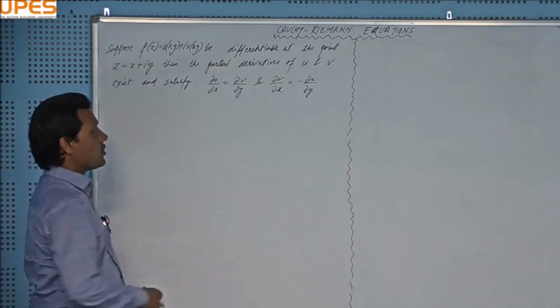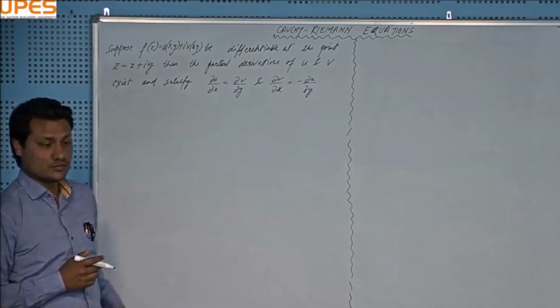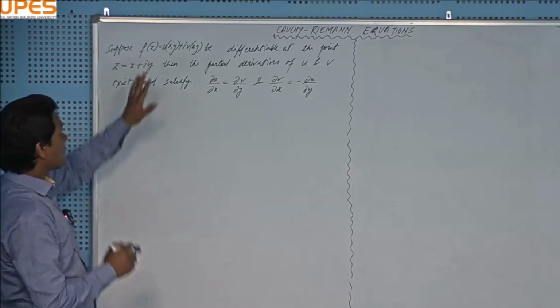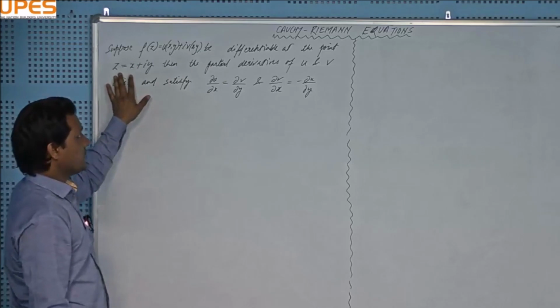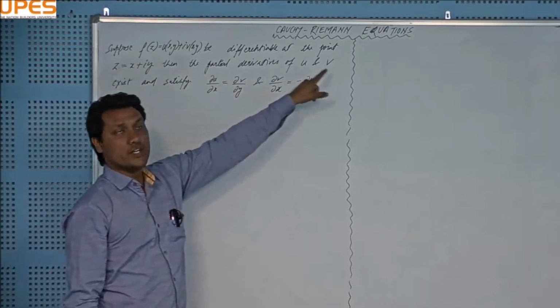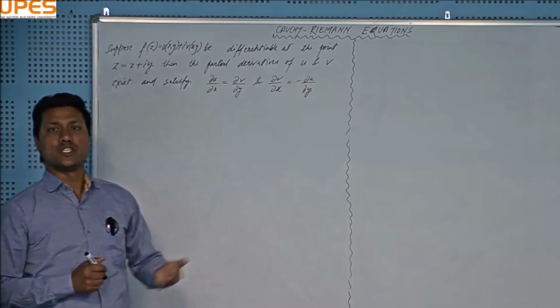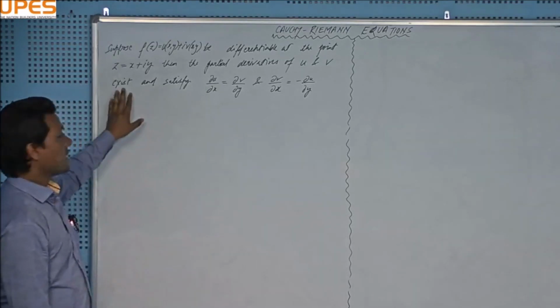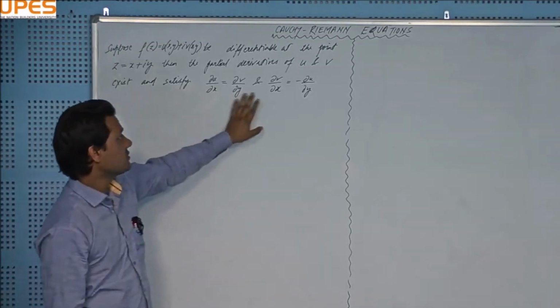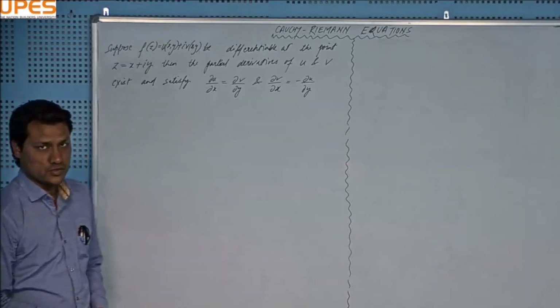And this is just a consequence of a differentiable function. If we assume that f is a function which is differentiable at some point z, then the partial derivatives of u and v, meaning ∂u/∂x and ∂u/∂y, ∂v/∂x and ∂v/∂y, exist and satisfy these equations called Cauchy Riemann equations, right?